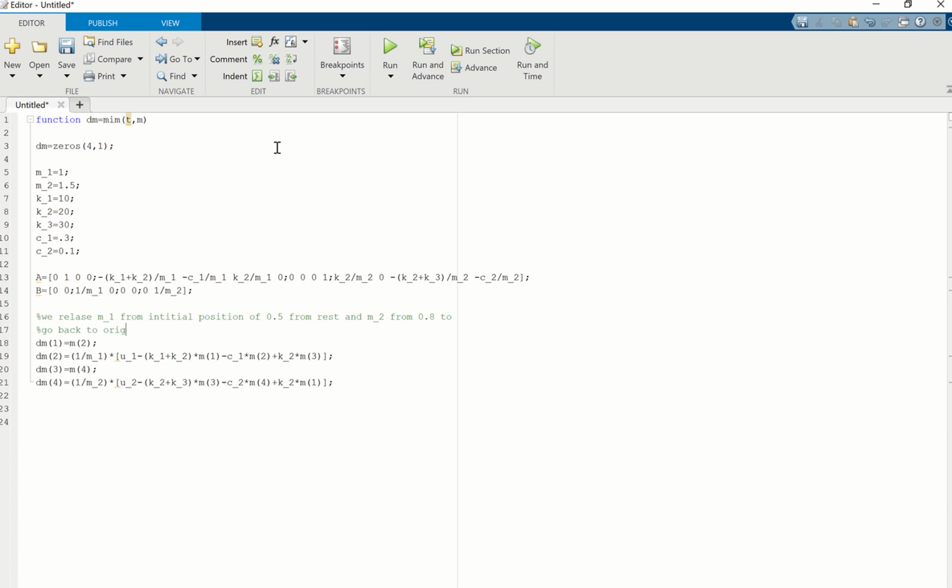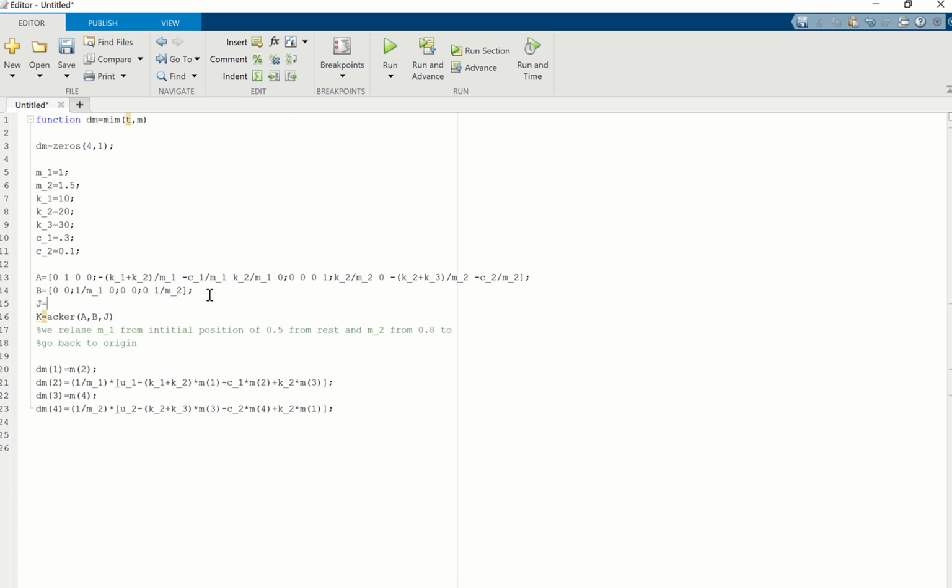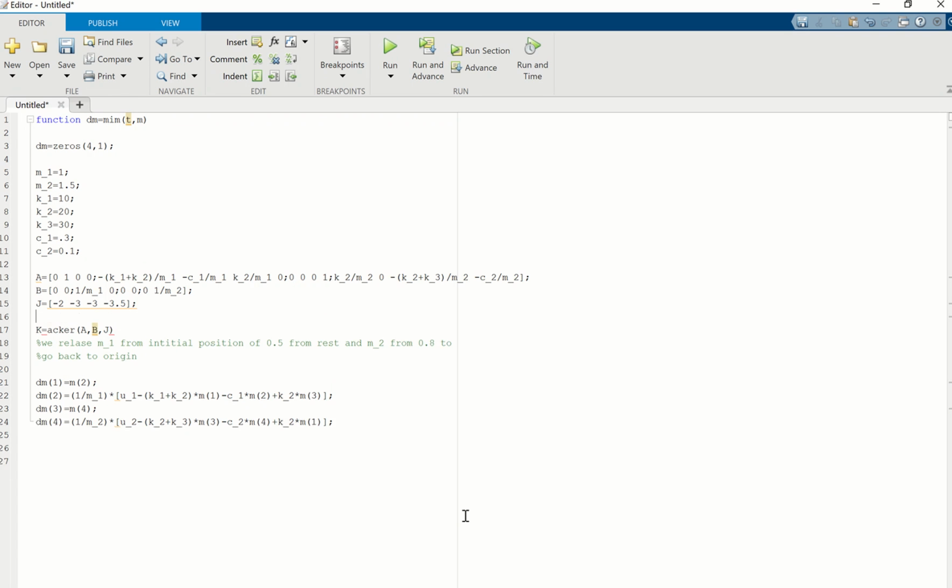Remember? Origin. Now I say K is equal to acker of A, B, and J. These are our poles. So here I'm going to say J is equal to -2, -3, -3, -3, and -5, or -4, or 3.5. Nobody cares.